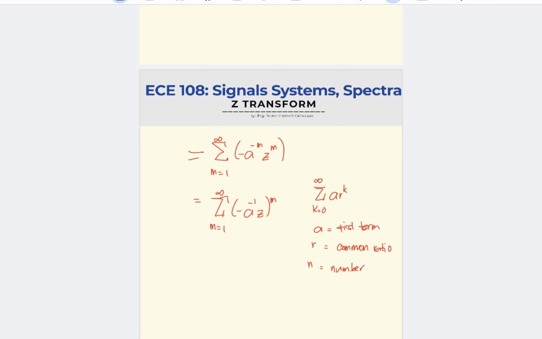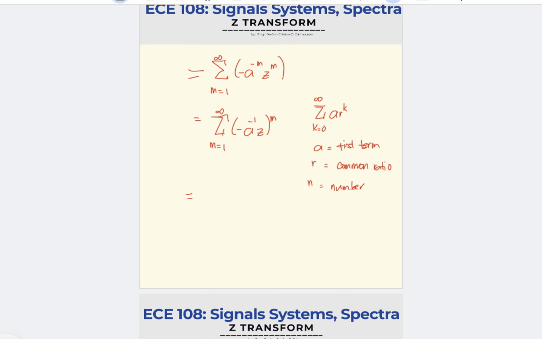So substituting that, we'll have negative summation of a negative z to the m is equal to 1 to infinity.